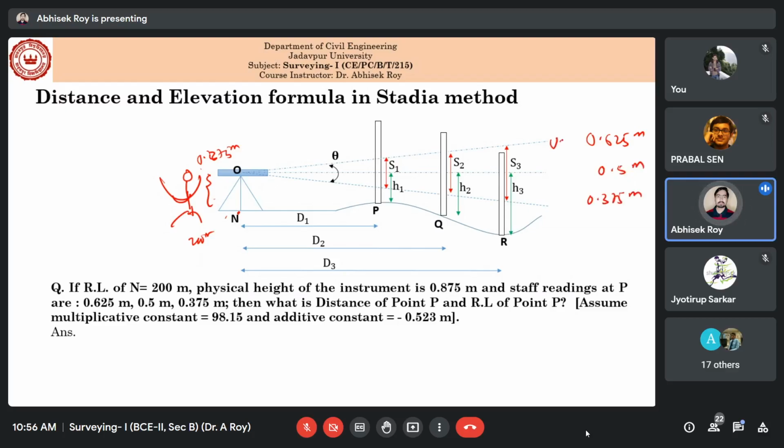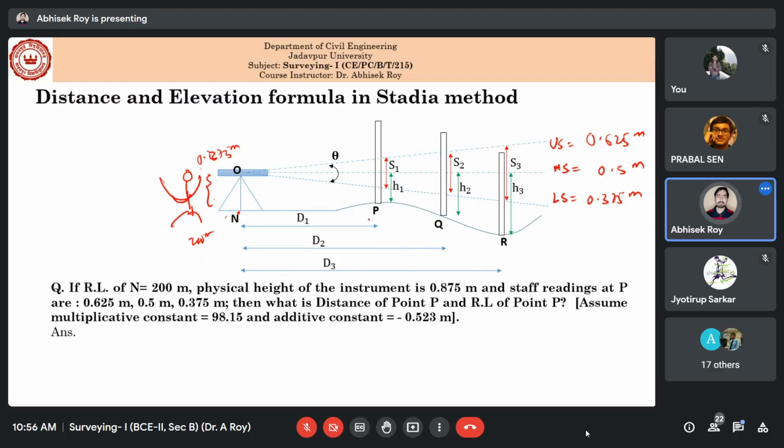That means this is the upper stadia reading, this is the middle stadia or central hair reading, and this is the lower stadia reading. So all these readings you have noted down. Now you want to calculate the horizontal distance of the station point P from the instrument station.